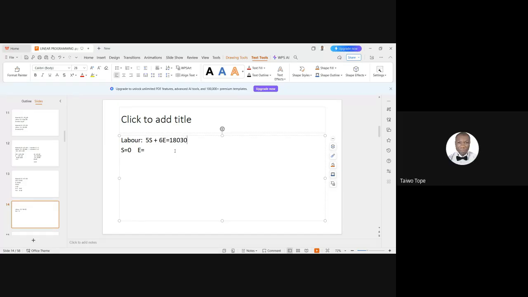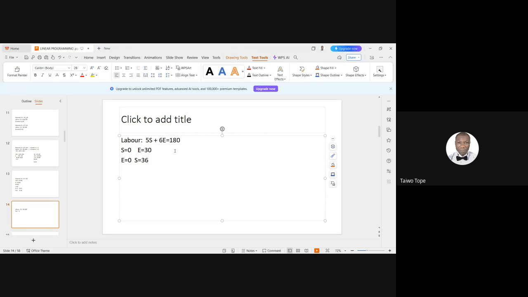And when e is 0, x will be equal to what? 36. x is 36.